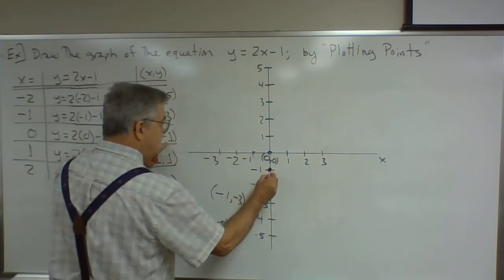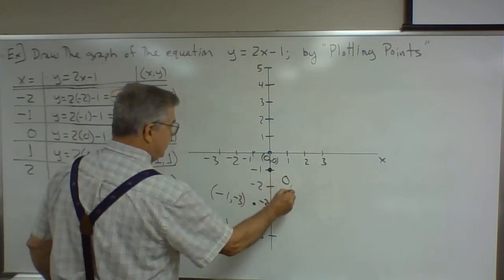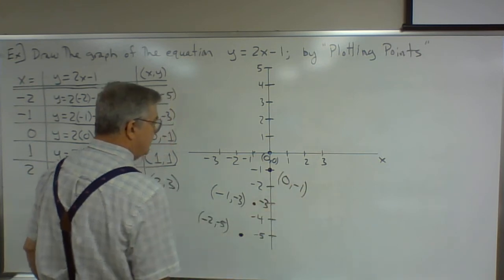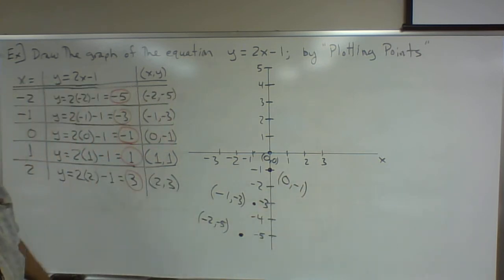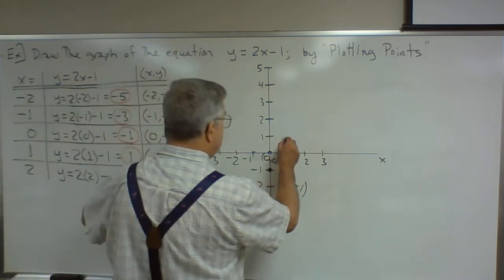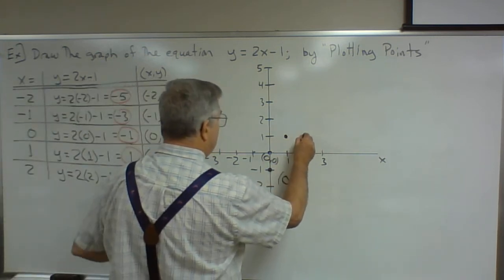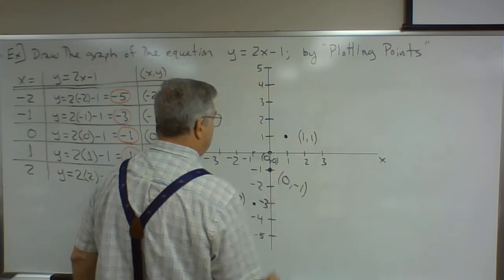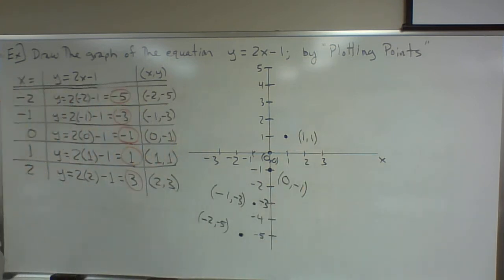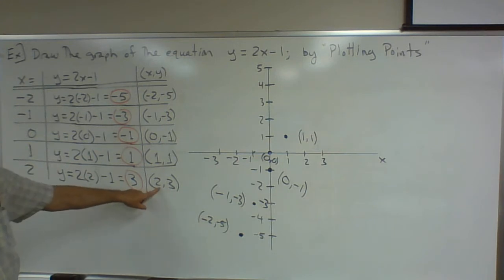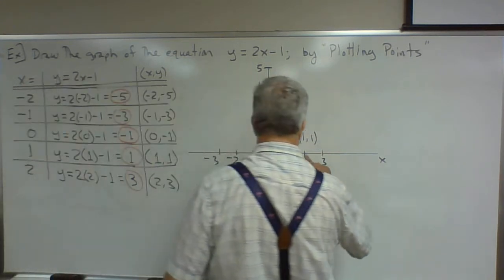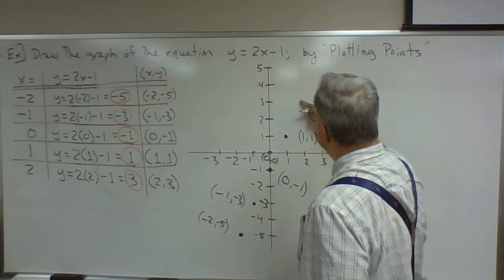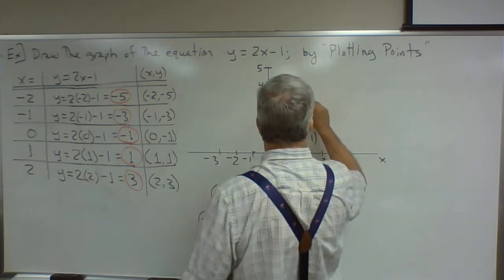That's this point. 0, negative 1. When x equals 1, y equals 1. And when x equals 2, y equals 3. Here's x equal 2. Here's y equal 3.